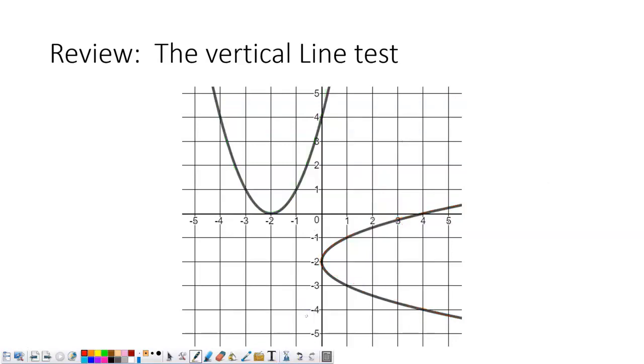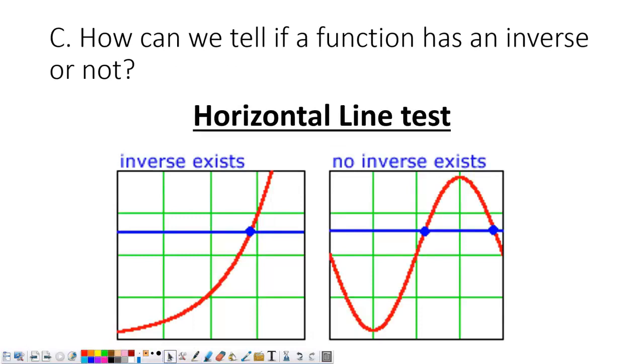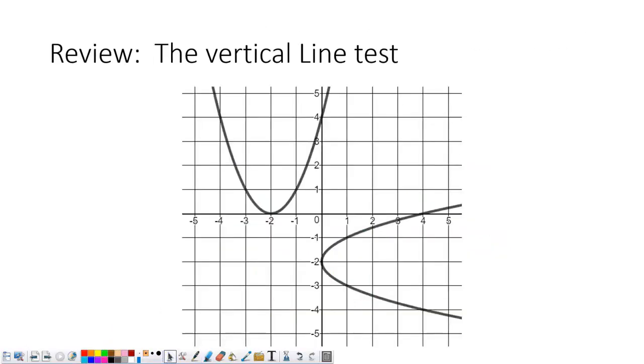Now, instead of actually going through the trouble, though, of drawing the inverse, there's a way you can know if a function has an inverse or not, and it's what we call the horizontal line test. Okay? So here's how it works.